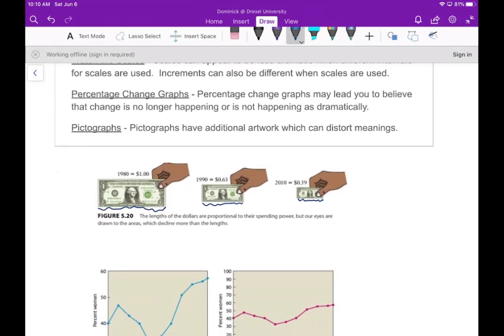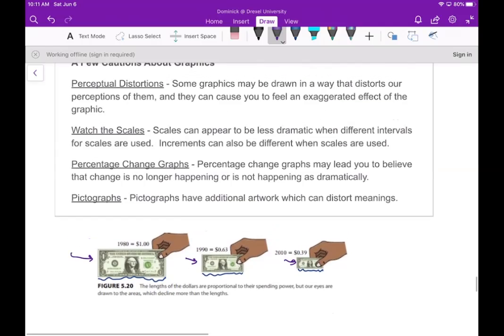Of course, you're also drawn to the areas, so with these lengths changing, the widths change too, preserving the correct image of the dollar bill. But you're feeling this exaggerated effect because what you should be paying attention to are those blue lengths, but you're also drawn, by accident or on purpose, to the areas of the dollar bills as well.